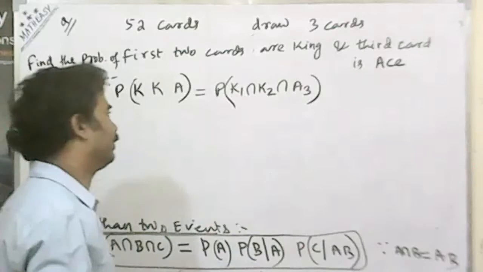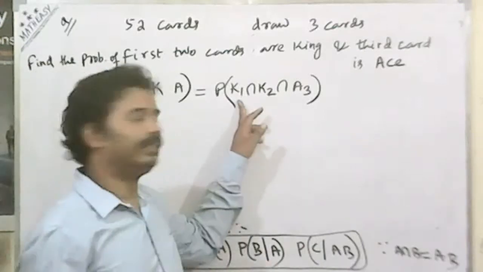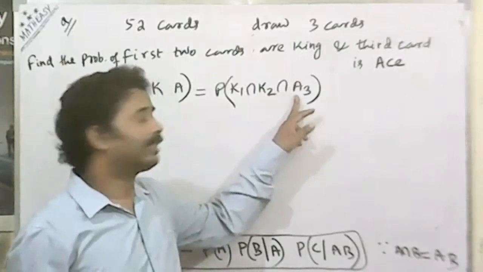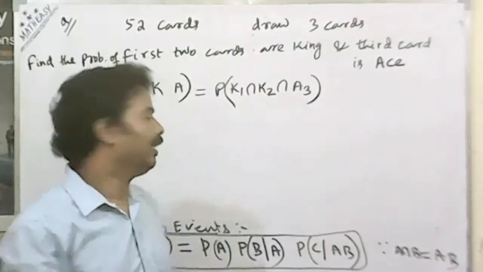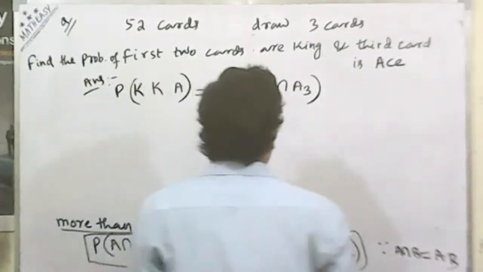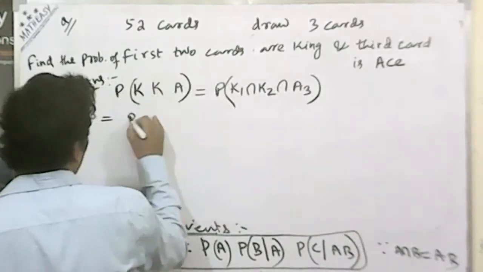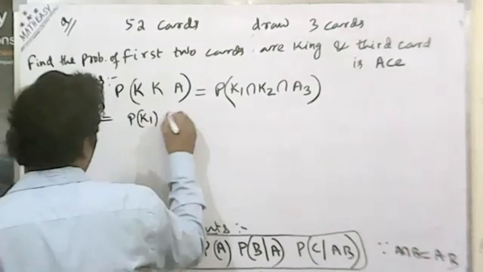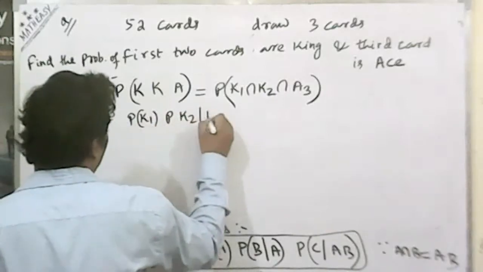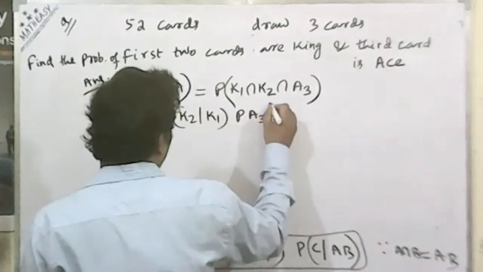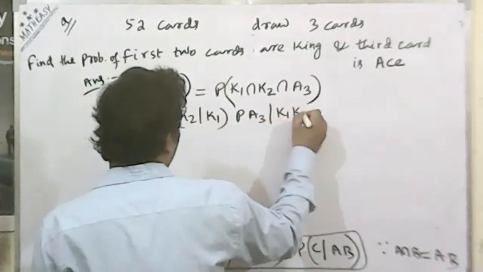It means in first draw that is the king, and the second draw that is the king, and third draw that is the ace. It means the conditional or multiplication rule: probability of king 1 into probability of king 2 condition of king 1, probability of A3, that is the condition of king 1 into king 2.